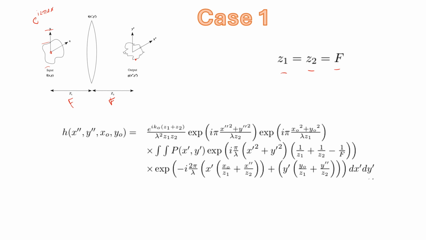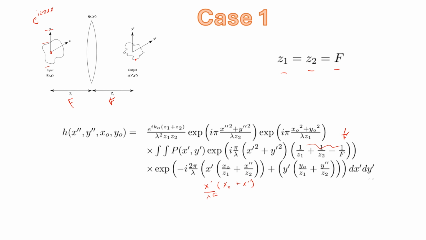Now, if we choose z1 equals z2 equals f, then this term is going to just turn into 1 over f. And then here we're going to have z1 and z2 equal to f. We could extract out, and this would turn into x prime times x naught plus x double prime. And then here we'd have a lambda over f. So this is a term linear in x prime and y prime in its exponents.